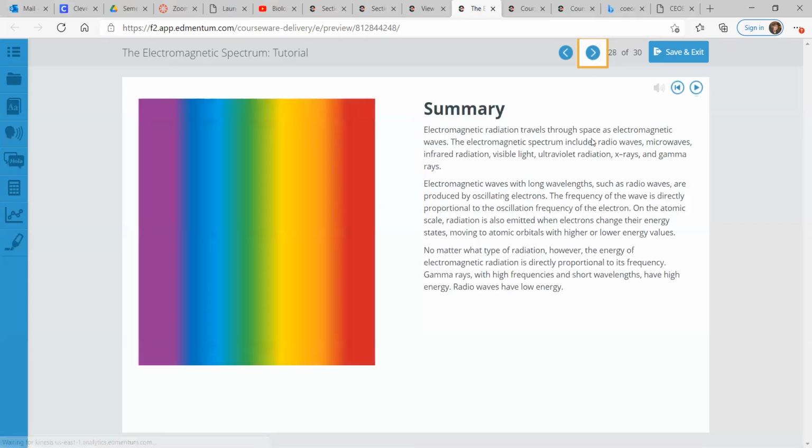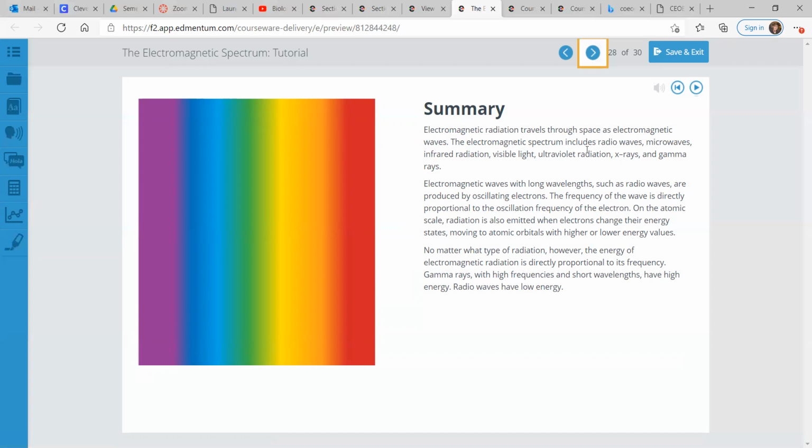All right, so we're at the summary. The electromagnetic radiation travels through space as electromagnetic waves. The electromagnetic spectrum includes radio waves, microwaves, infrared radiation, visible light, ultraviolet radiation, X-rays, and gamma rays.